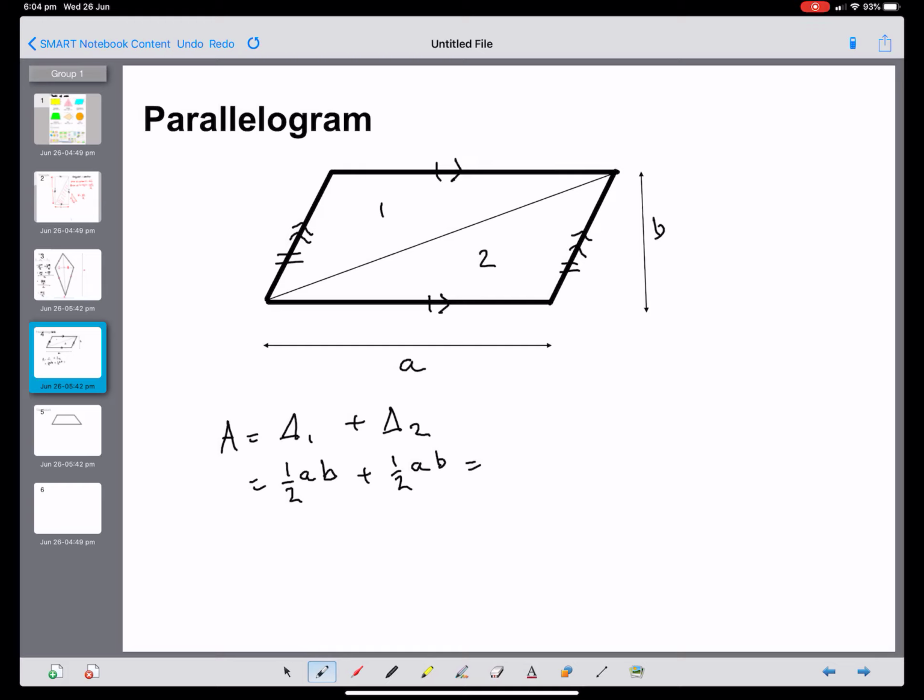Half plus half is 1, so we get AB. We should state that B is the perpendicular height.